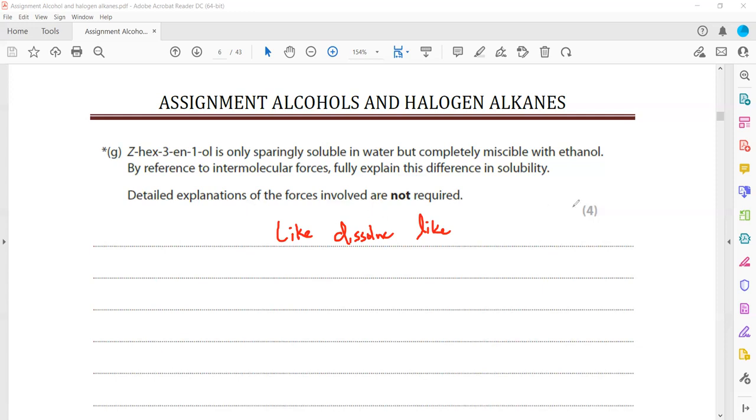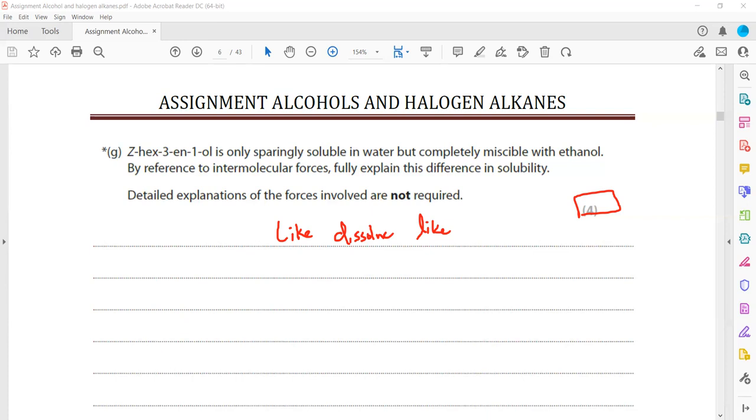So when we compare, and it's 4 marks, a detailed explanation of the factors involved is not required, but you have to outline an idea of why it is sparingly soluble in water, but completely soluble in alcohol. So what kind of forces are there in Z-hex-3-en-1-ol? It will have polar forces because different atoms are there.